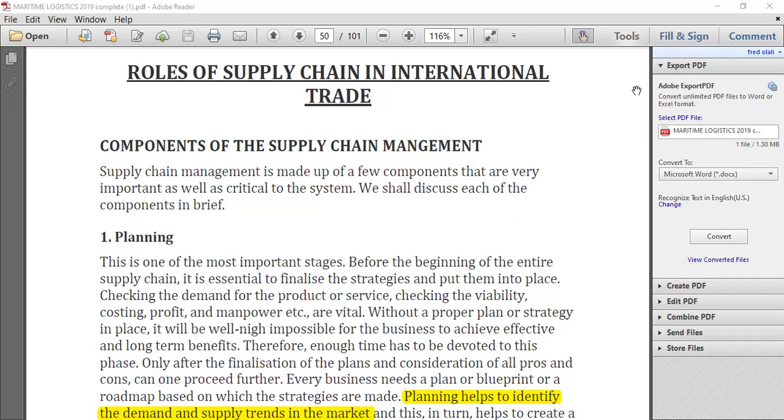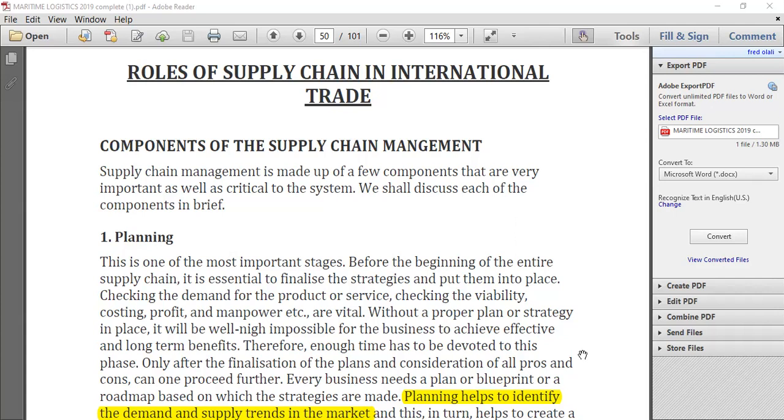You check the demand for the product or the service, the viability, the costing, profit, and also the manpower required. Without a proper plan or strategy in place, it is going to be impossible for a business to achieve effective and long-term benefits.